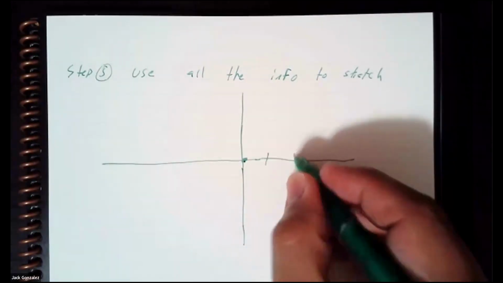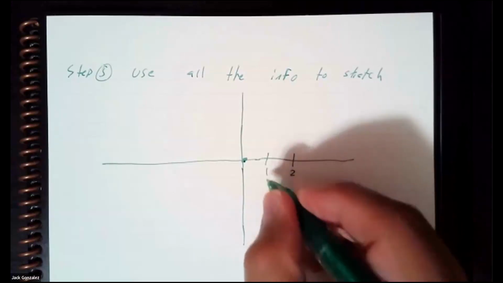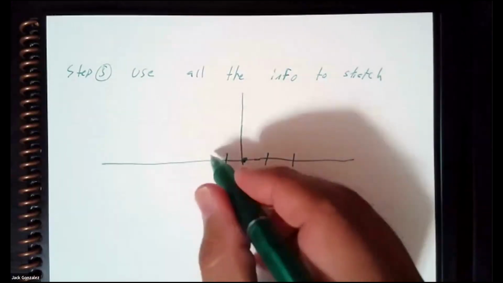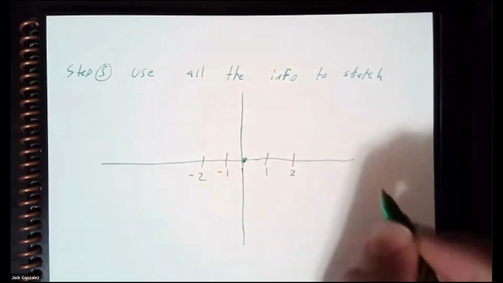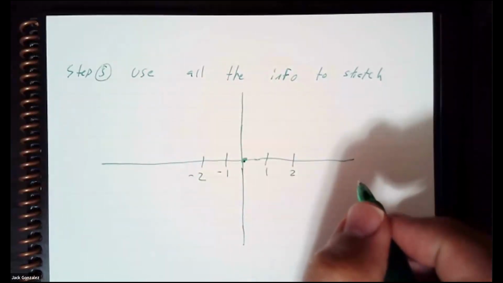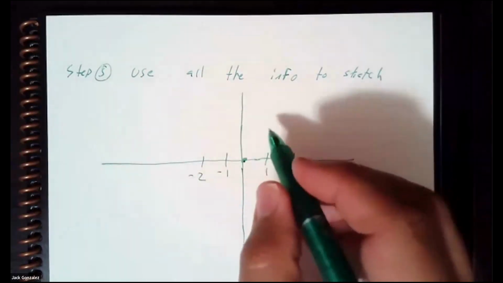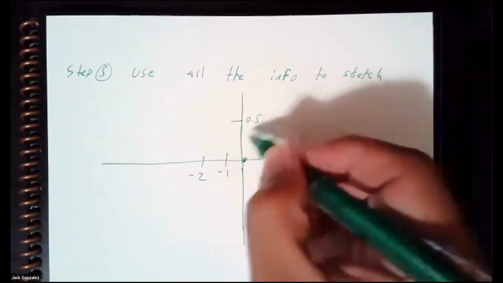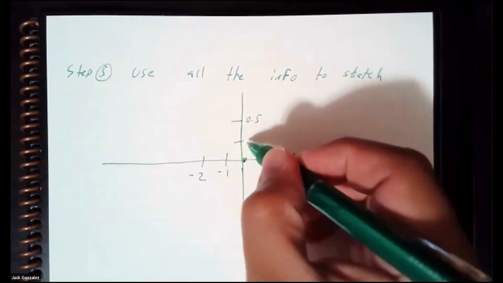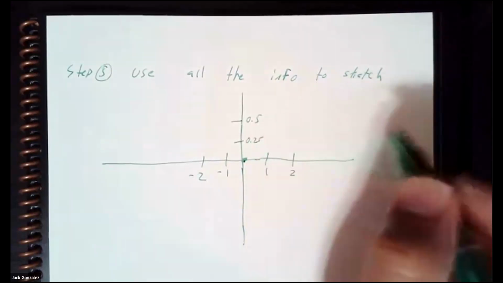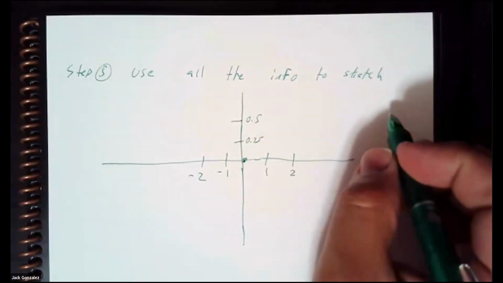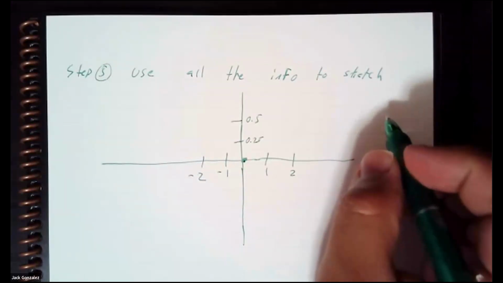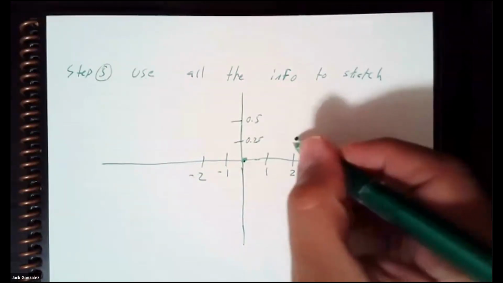We had a maximum at 2, 1/4. So I'm going to say that this is 0.5 and this is 0.25. So at 2, 1/4, we have a maximum.